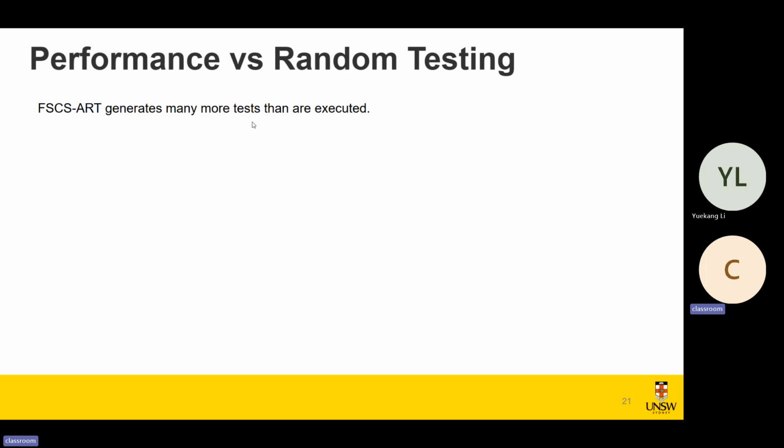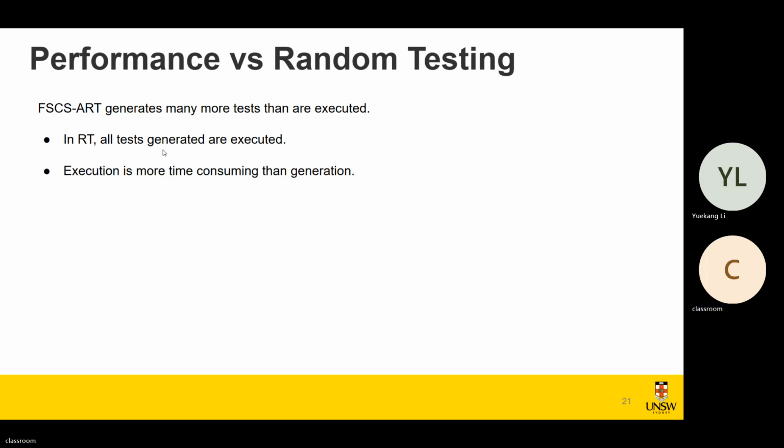More test cases are generated than executed. In random testing, all the test cases we generate are executed. We don't have any strategies for determining which one to execute or not. Normally execution is more time consuming than generation. So executing a target test case is considered to be more time consuming than generating a new test case.